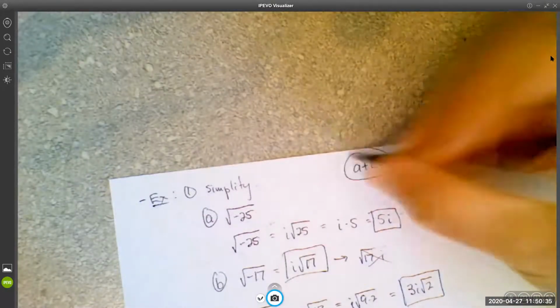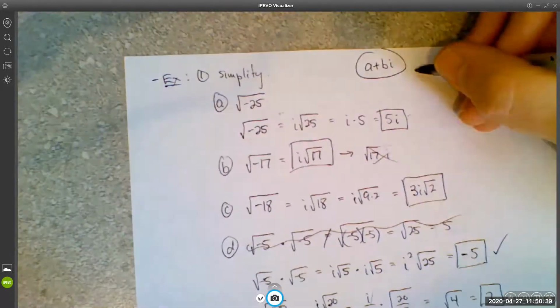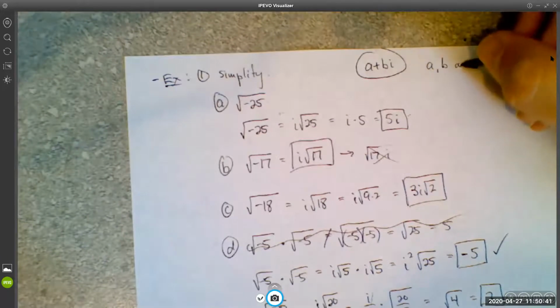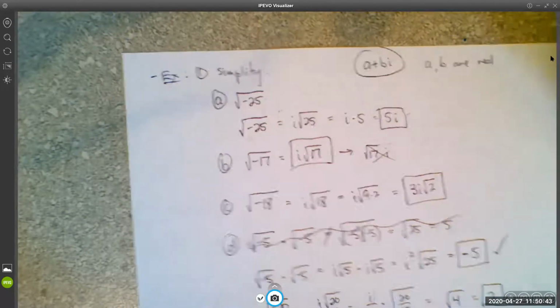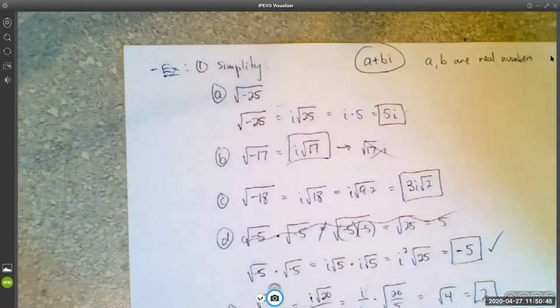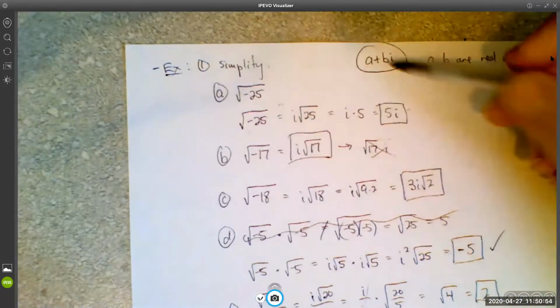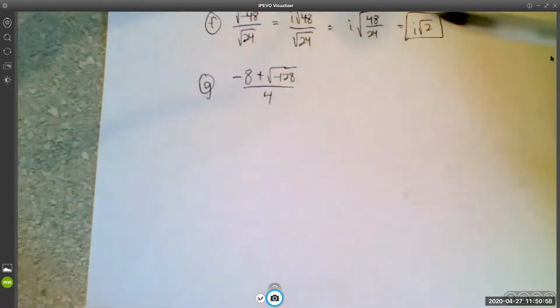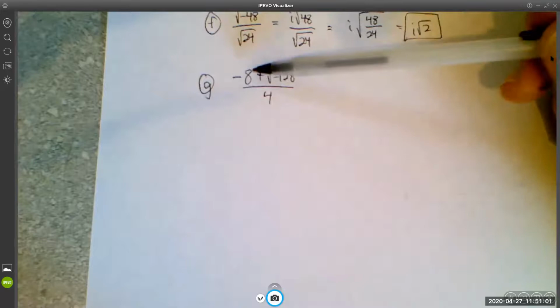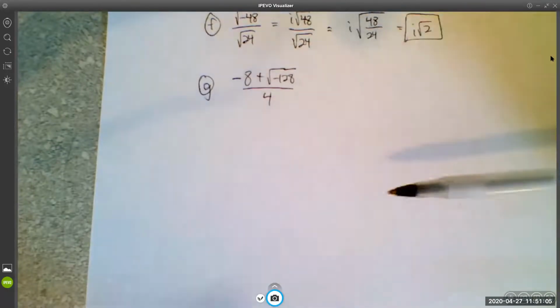We want it to look like a plus bi, where a and b are real numbers. They don't have to be nice whole numbers, but they do need to be real numbers. They could be fractions, they could involve radicals. But the point is we want it to look like a plus bi. What we have right now looks something like a plus the square root of a negative number divided by some other number. It's not in the correct format.